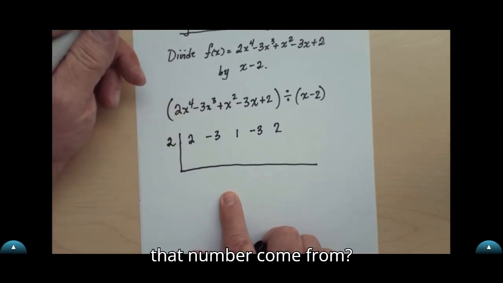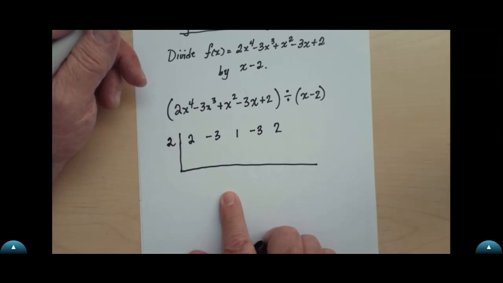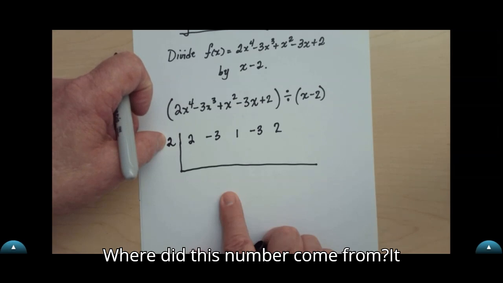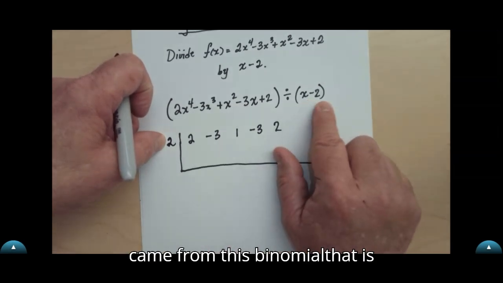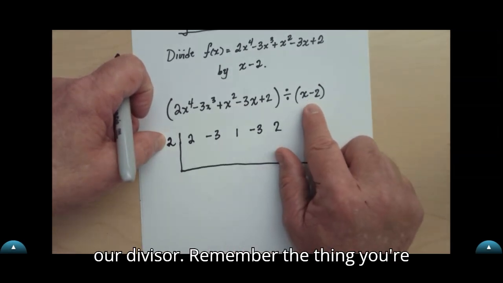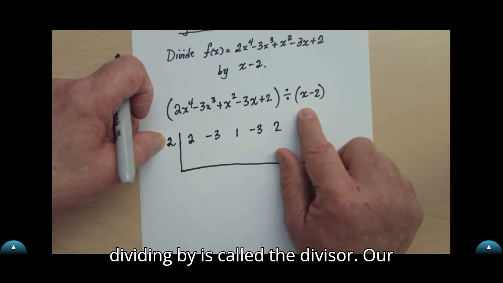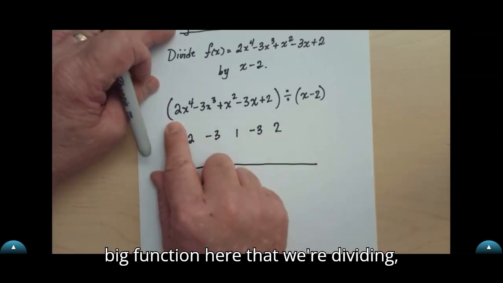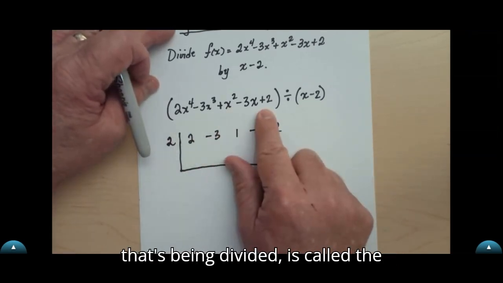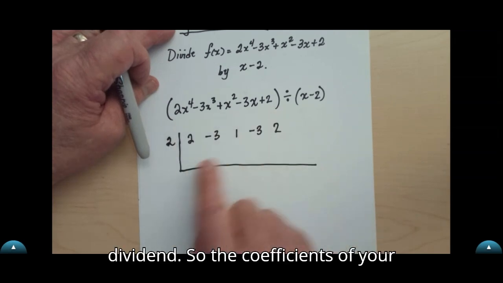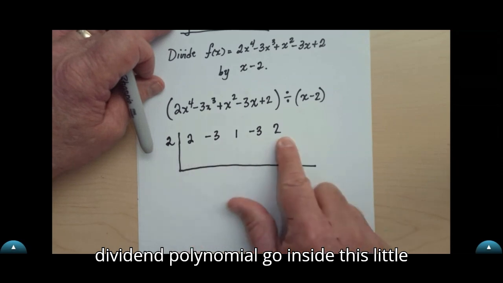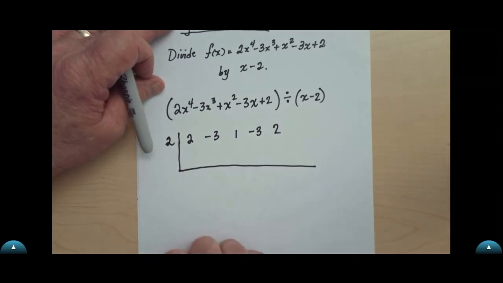Where did this number come from? It came from this binomial that is our divisor. Remember, the thing you're dividing by is called the divisor. Our divisor is x minus 2. And of course, the big function here that's being divided is called the dividend. So the coefficients of your dividend polynomial go inside this little sideways L.